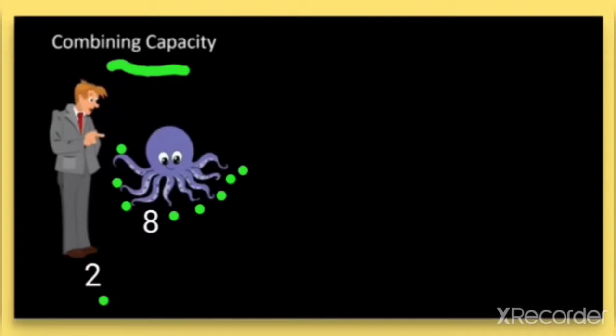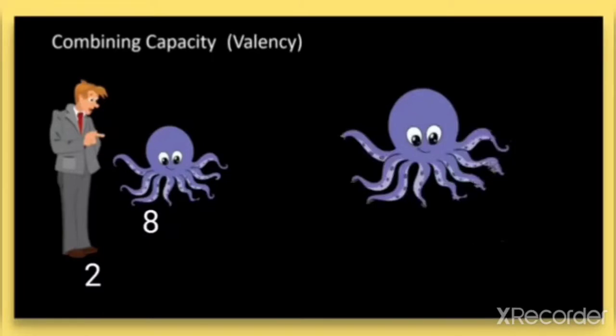Now what is this combining capacity? Let us discuss it. If we consider an octopus like this, as we have discussed, there are 8 arms for an octopus, and if an octopus holds a man in such a way that the 2 arms of the man are locked like this, that means a single man can hold 2 arms of the octopus by his 2 arms.